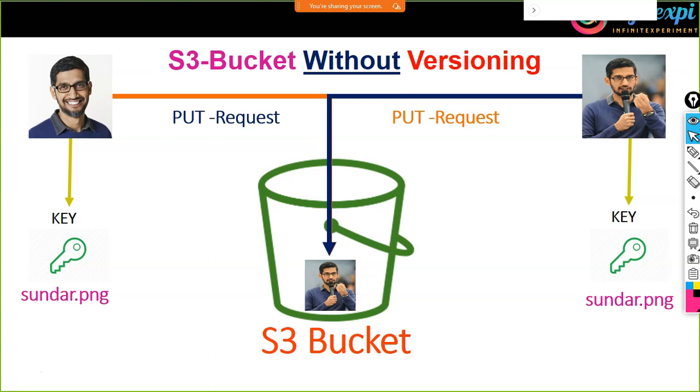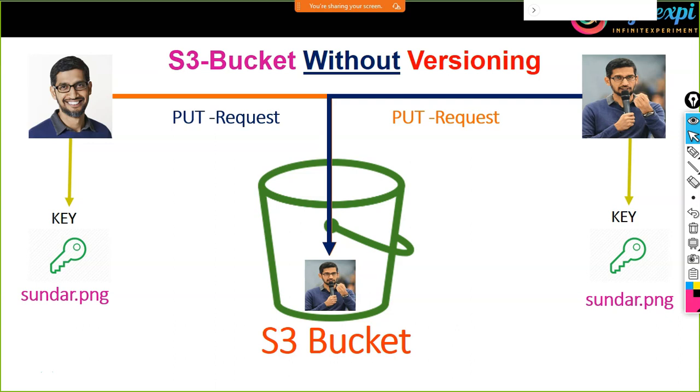So when you have one object placed in the bucket with the name sundar.png, and another object is pushed, because there might be multiple users working on this bucket. In a real-time scenario, since we are in development mode, there might be multiple developers, and unfortunately the name should have been changed, but they haven't changed it and they have pushed it.